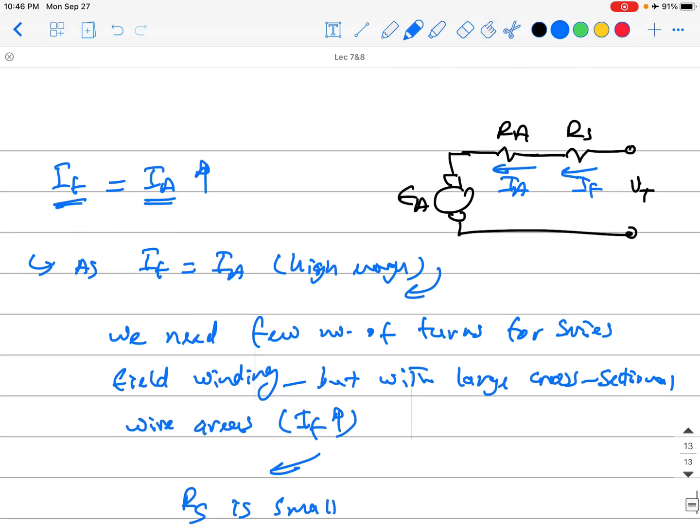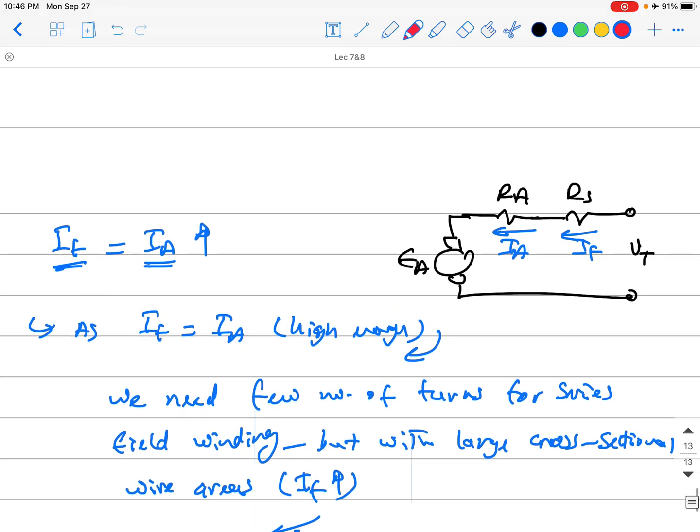But here in the series connected motor, on the opposite side, we need RS to be as small as possible because it is connected in series with the armature. So to keep I armature high, we need both of those resistances, RS and RA, to be as small as possible, because they're connected in series. Okay, guys? And that's how we do this.